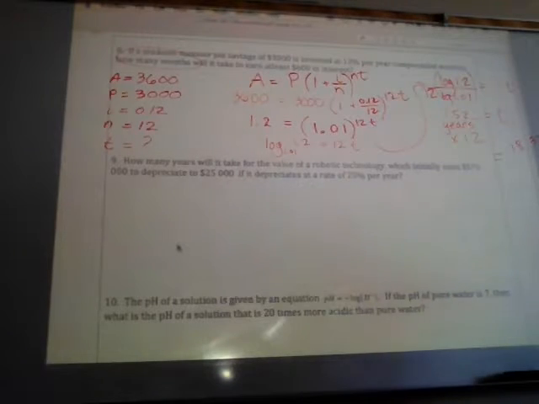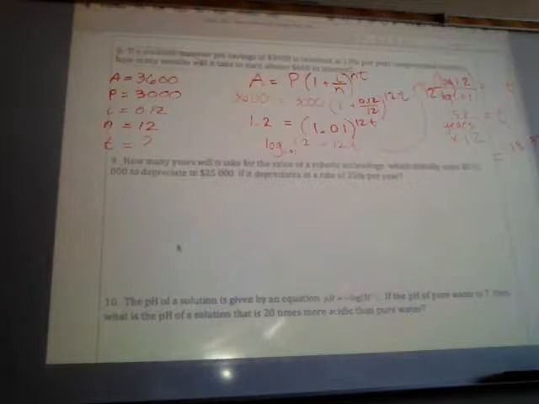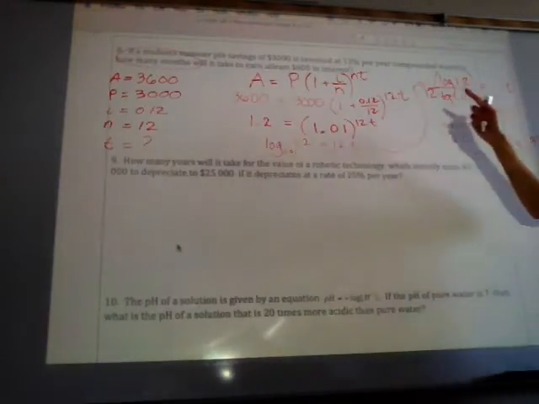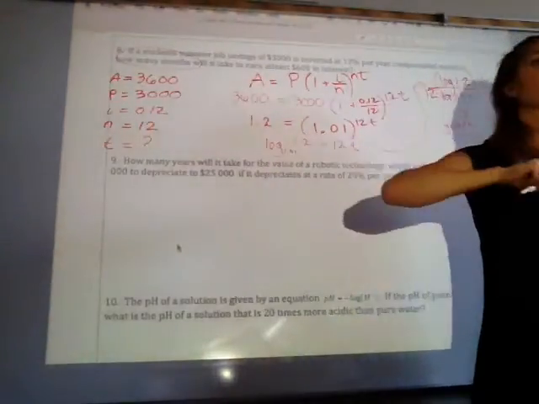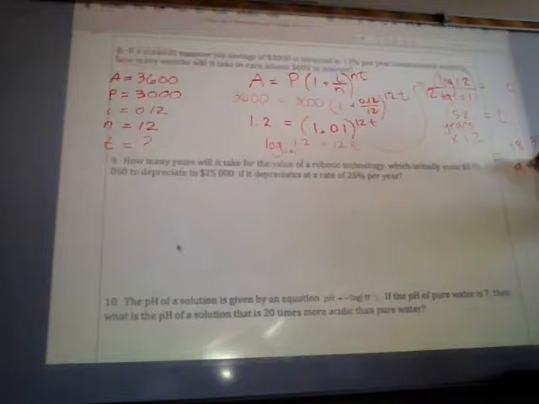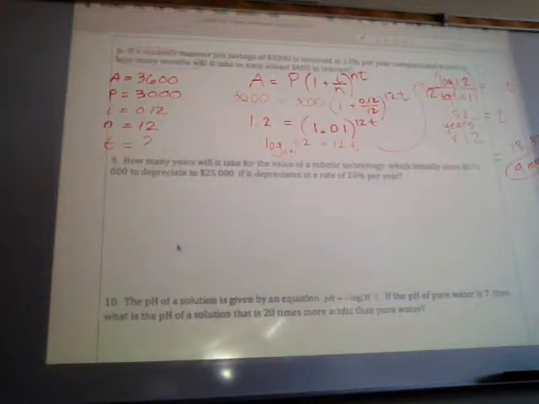Now, if we have to round to say the nearest month, because this could be a question you get, at 18 months, has he saved 3,600? No. So at 19 months, he would have saved it. So in this case, you have to round up.